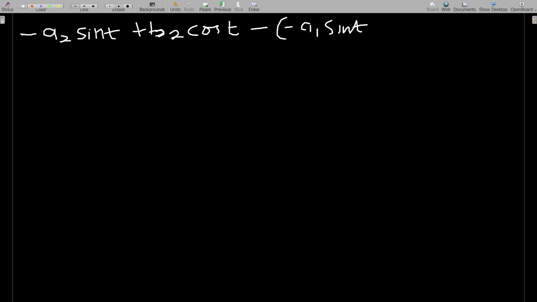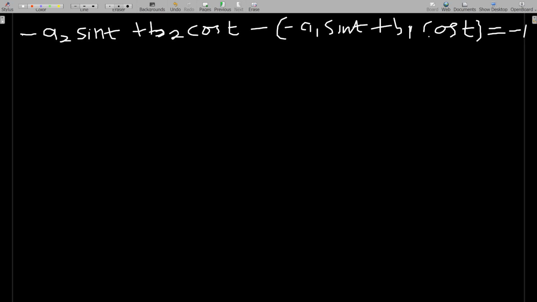So we have minus a2 sine t, but let me write this first, sine t, plus b2 cos t, minus a1 sine t plus b1 cos t is equal to negative 1.